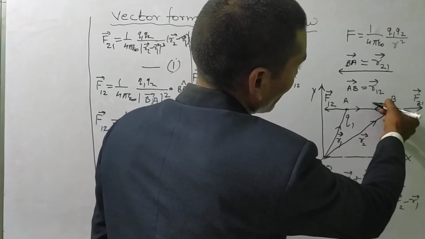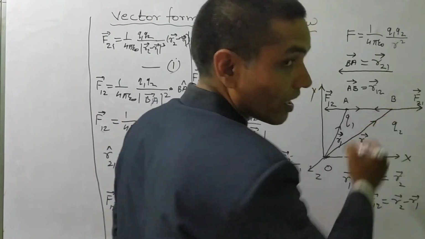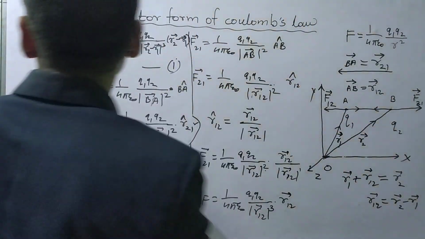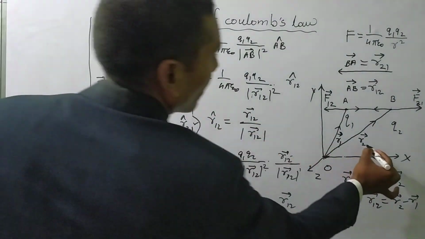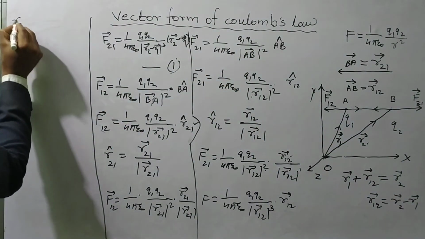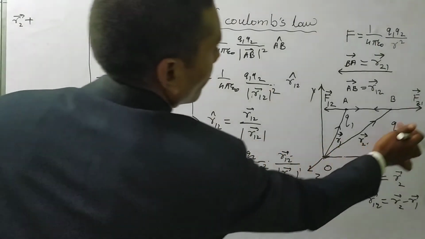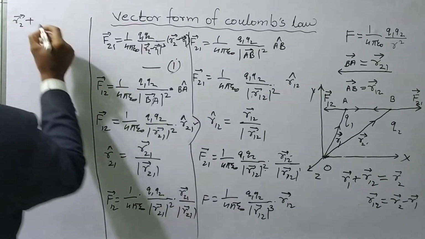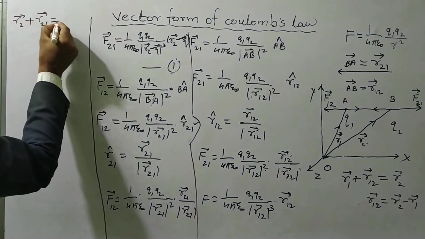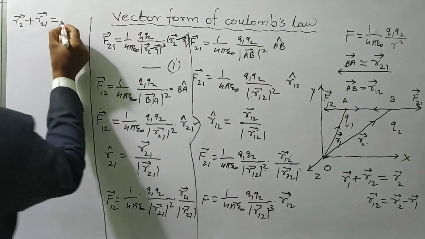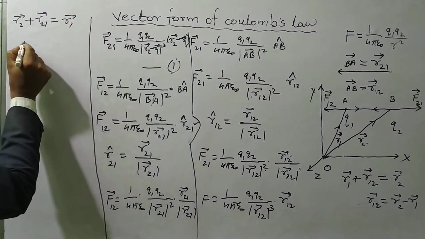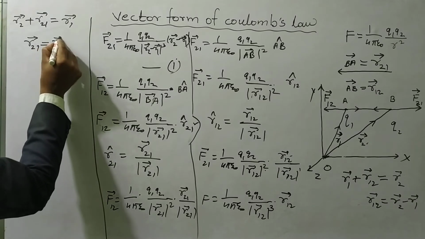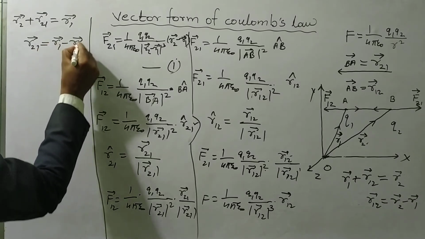So from this triangle, by the triangle law of vector addition, vector R2 plus vector R21 will be equal to vector R1, or vector R21 will be equal to vector R1 minus vector R2.